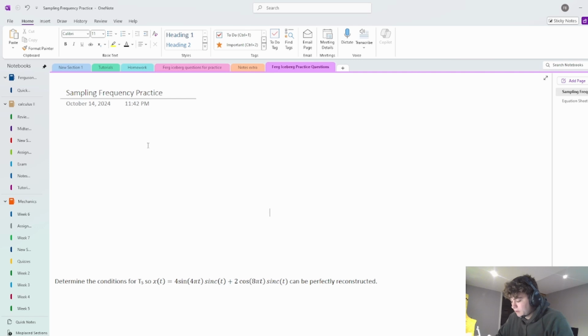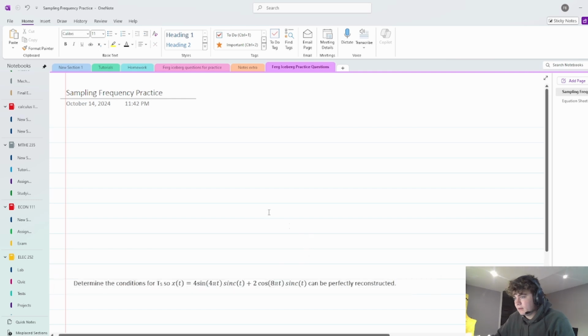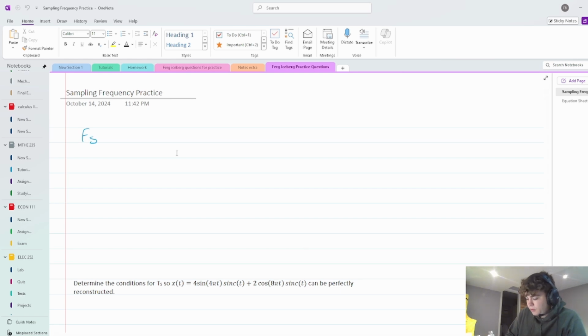The first important note here, sorry, let me just move this equation over, is that you want the sampling frequency, or fs, to be more than 2 times the max frequency. And the reason why, I think, can be best explained with a sine function.